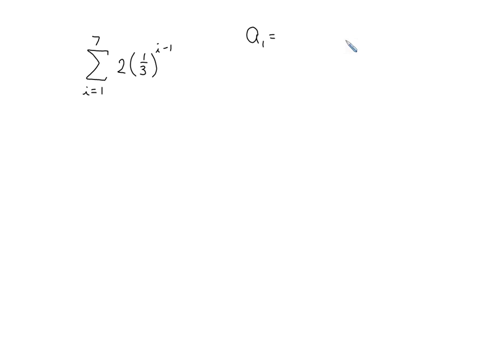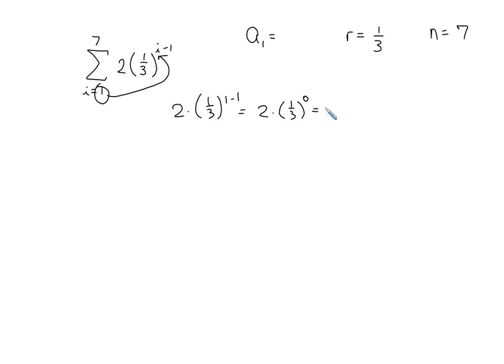So we have to find a1, we have to find r, we have to find n to use our formula, right? So how many terms are we adding up? 7, right? 7 minus 1, add 1 back in, gives us 7. What's our r going to be? 1/3. How do I find a1? Plug in the 1 for i. So 2 times 1/3 to the 1 minus 1 is 2 times 1/3 to the 0, which is really just what?